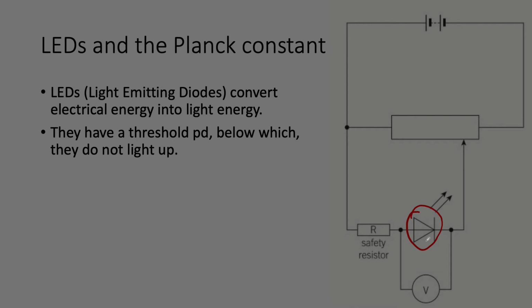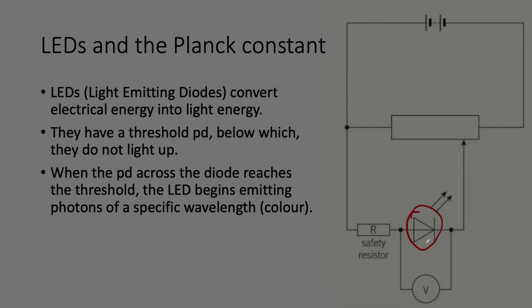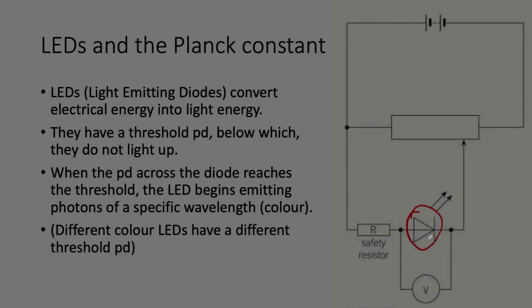And then the LED begins emitting photons of a specific wavelength. In other words, LEDs have a certain colour. So you get red ones, green ones, yellow ones, blue ones. Each LED of a different colour has a different threshold PD. So the photons of light being given out by those LEDs have different amounts of energy depending on their colour.